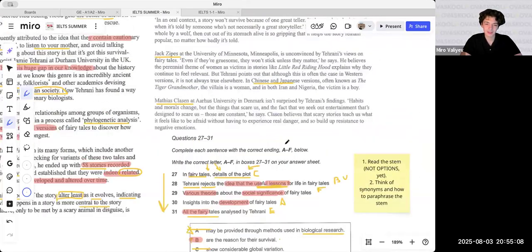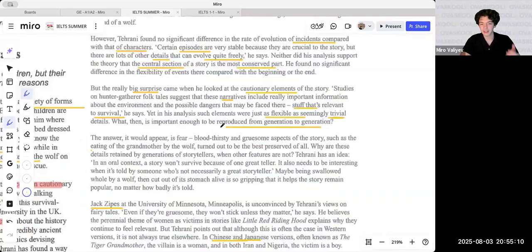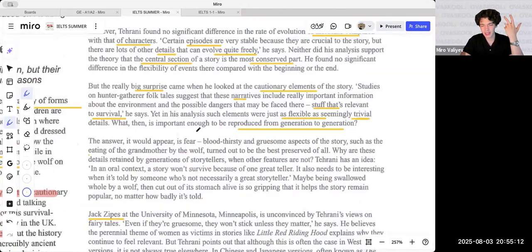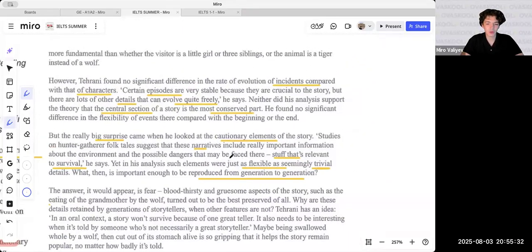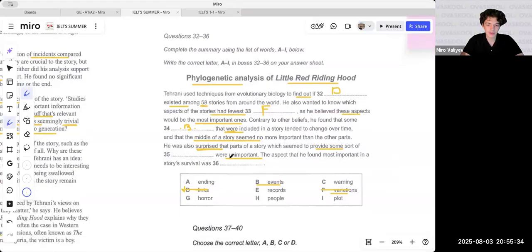All right. So then he's asking the question, if it's not that, what might be the reason why we still read basically the same fairy tales that have only slightly changed? So the cautionary message, the cautionary element, is trivial.